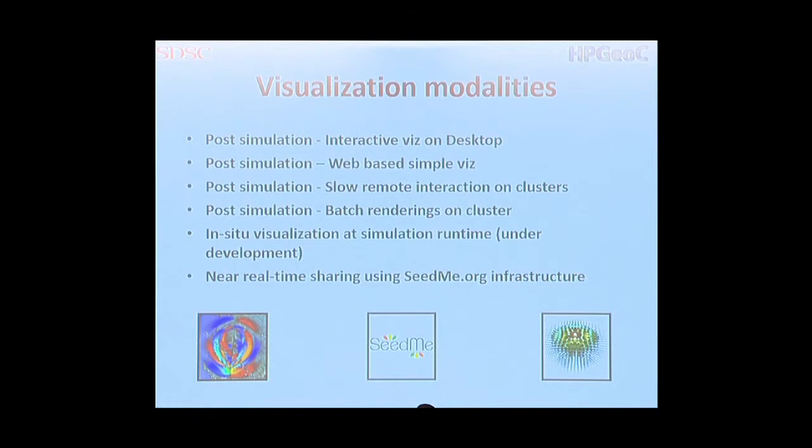The third one, in situ visualization, is now under development. We work together, and we have already shown a case running on a heterogeneous computing environment, running the simulation on the GPU side and the in situ visualization on the CPU side, which has been very good.